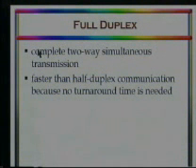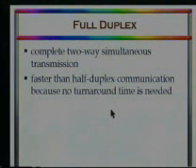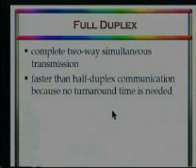The feature of full duplex is that it completes two-way simultaneous transmission, and it is faster than half duplex communication because no turnaround time is needed. Both can transmit, which is much faster, and most protocols, such as TCP/IP, support this type of activity. Both senders and receivers can send data at the same time.